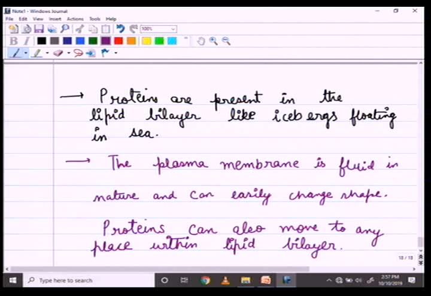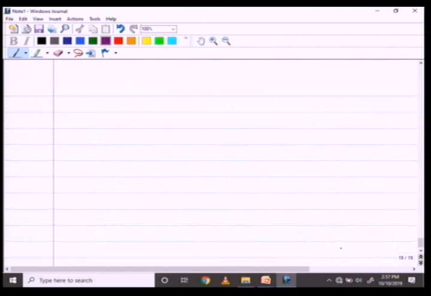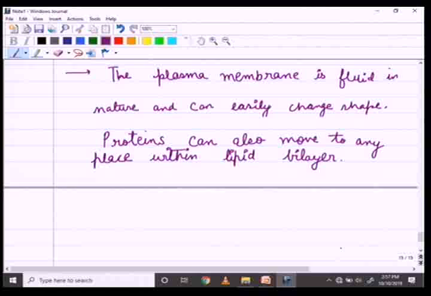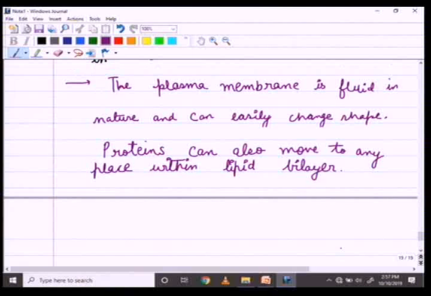All right, so this is all about the plasma membrane. I hope you have done it.